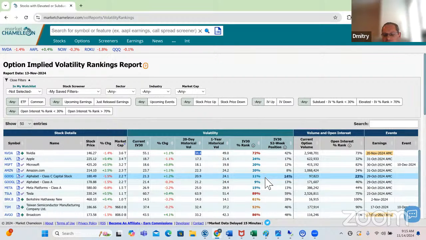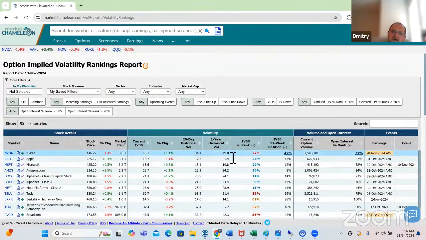Okay, what about a longer history? Let's say that volatility can move up and down in the short term, but in the long term it reverts to a longer-term mean. So what is the longer-term mean? What is the 1 year history? We could compare that here.